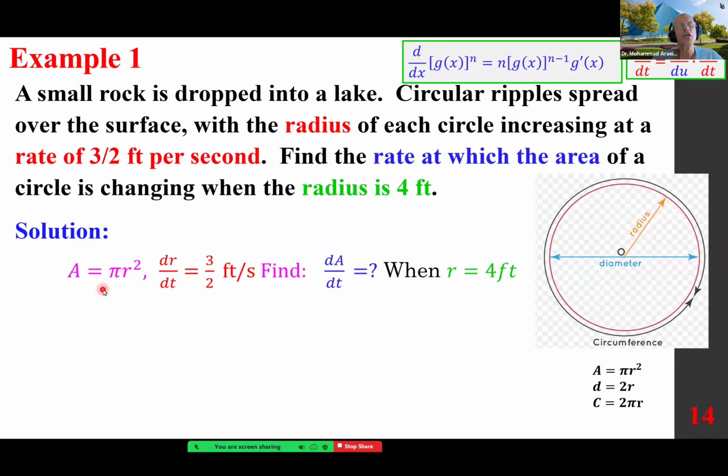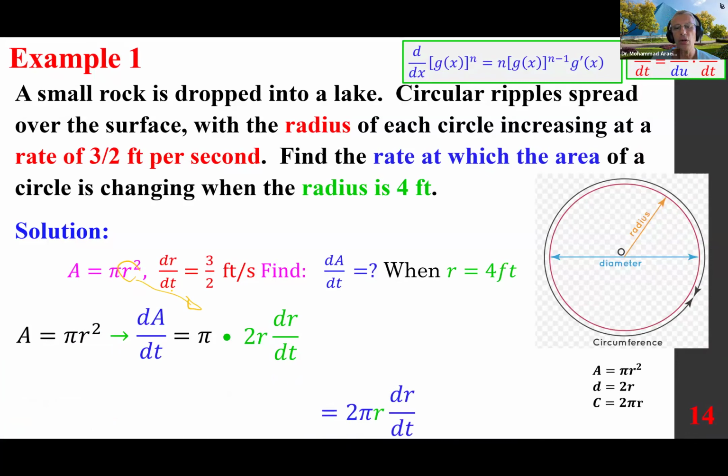We need to differentiate this with respect to t. Remember, t is the independent variable. Every other variable is a dependent variable. So if I want to take the derivative with respect to t, I'm going to write dA dt equals pi, because pi is a coefficient, it's a multiplier, times r squared, and I'm going to differentiate r squared, and that is 2r dr dt because of the chain rule in Leibniz's notation.